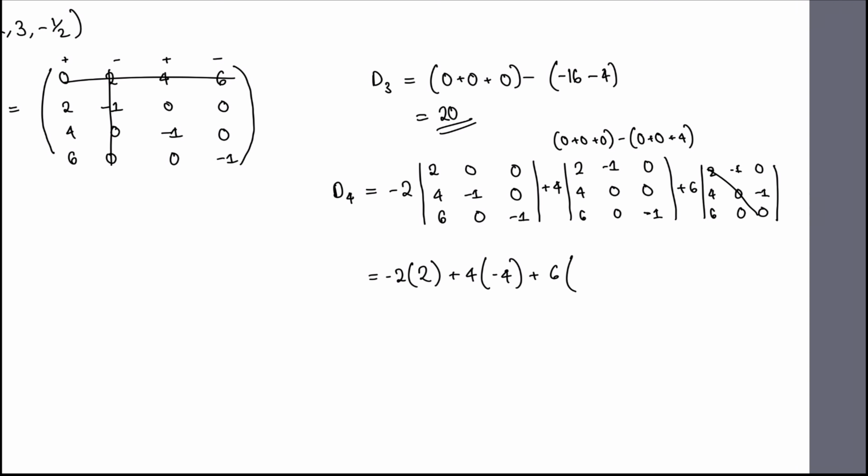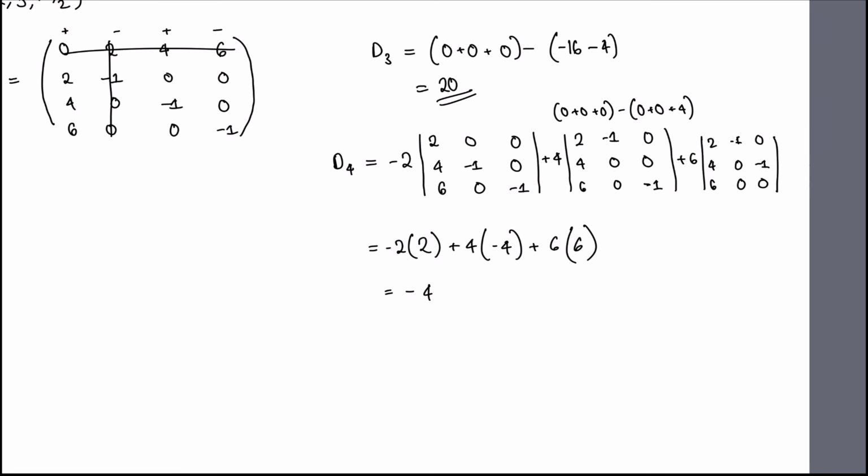And lastly, this is 0 minus 1 times 6 is 6, 0 times that is just 0, these 3 multiplied together is 0, these 3 multiplied together is 0, and these 3 multiplied together is 0. So the determinant of this is just 6, so we get minus 4 minus 16 minus 36, which is minus 56.